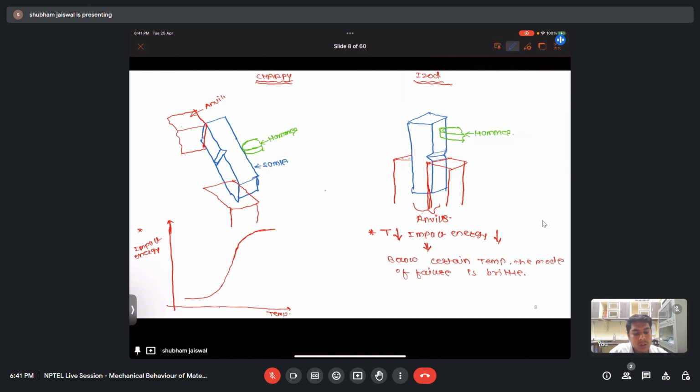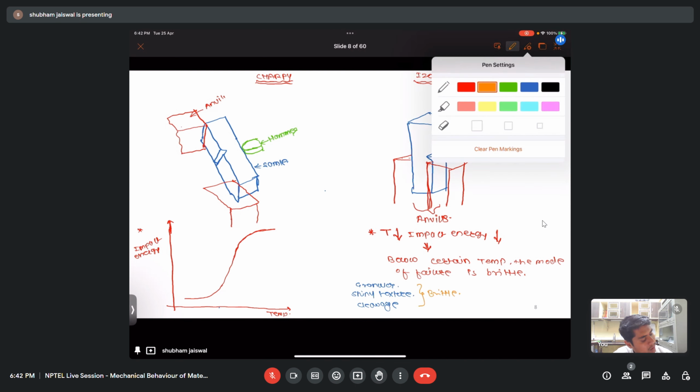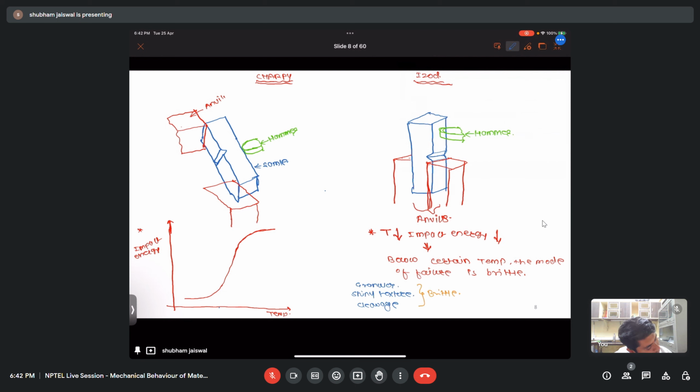So from visual inspection also we can say if it is granular and the surface has a shiny texture after fracture, and it has cleavage, then we'll say this is a mode of brittle fracture.